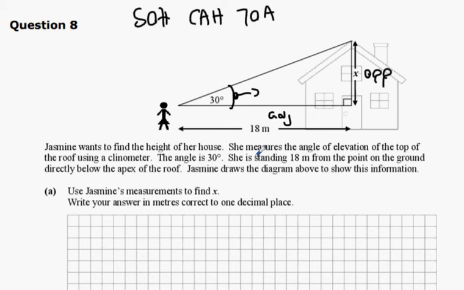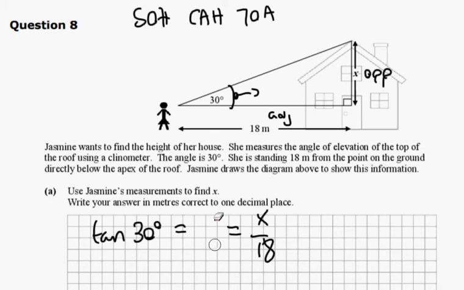You're going to choose tan, aren't you? Tan of what angle? Tan 30? It's always the angle that goes beside the tan. And what does that equal? Opposite over adjacent, which is x over 18. There we go.